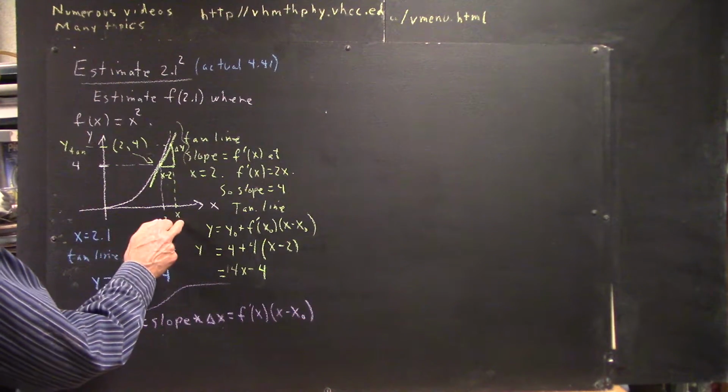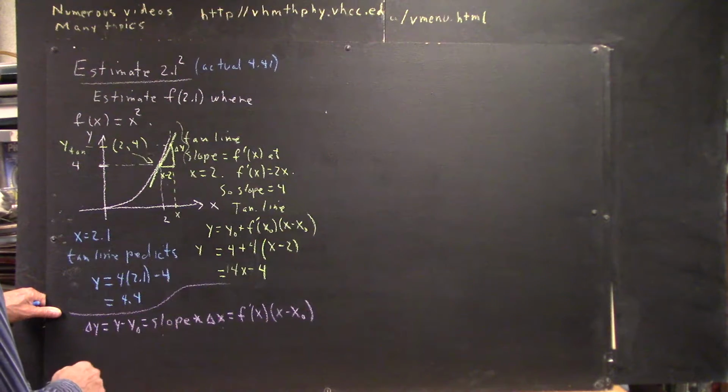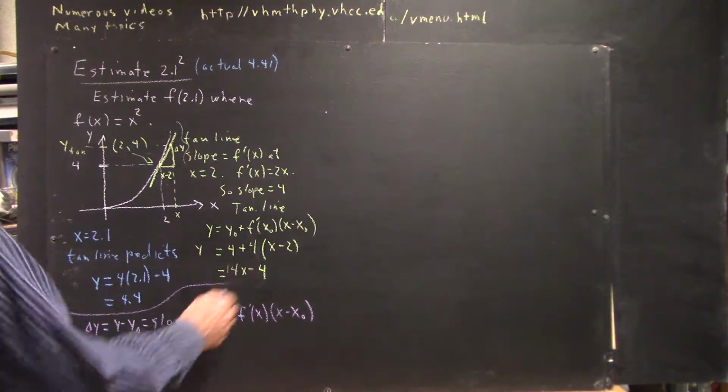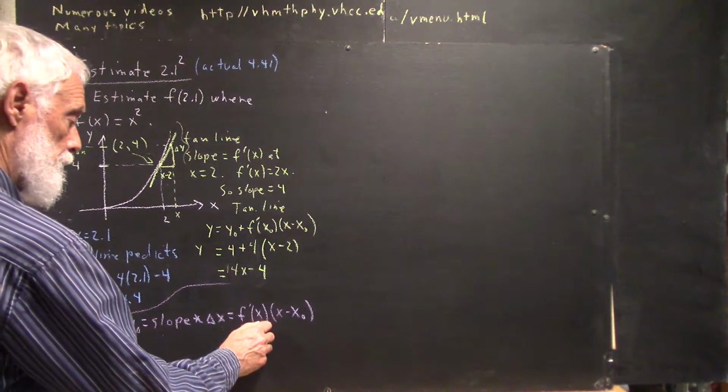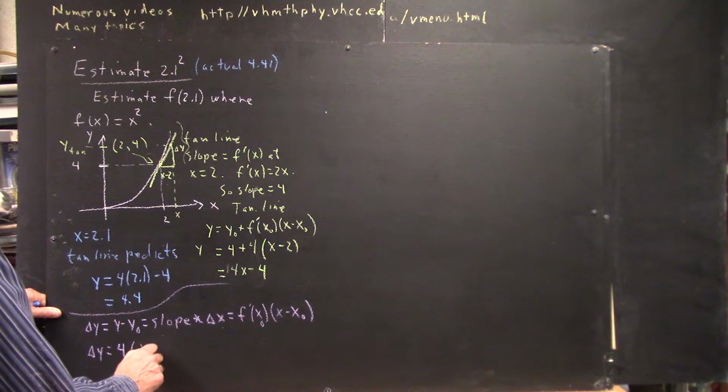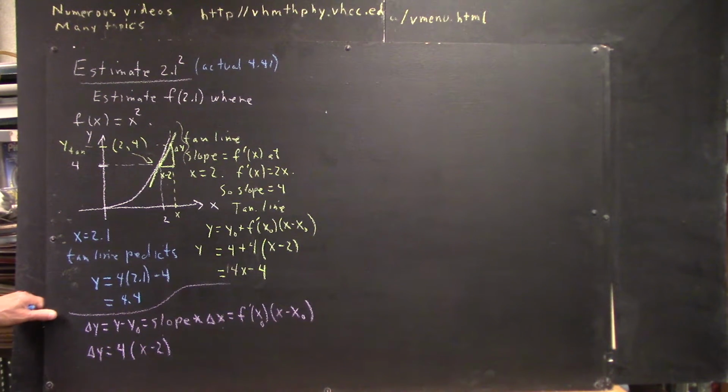In this case, delta y is the slope, which is 4, that's your f prime of x naught, multiplied by x minus x naught, that's x minus 2.